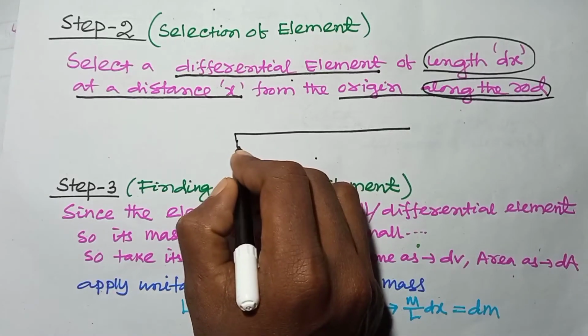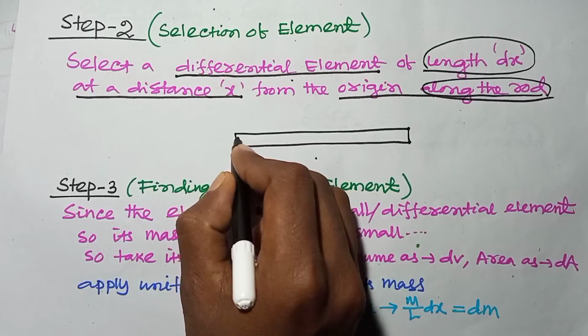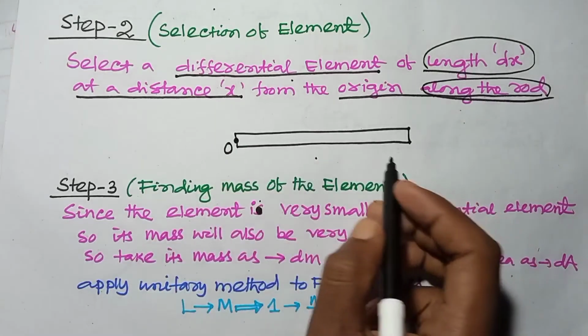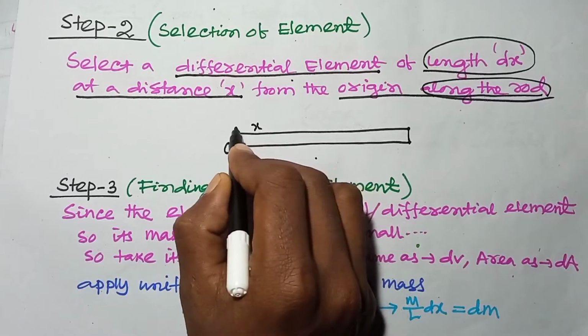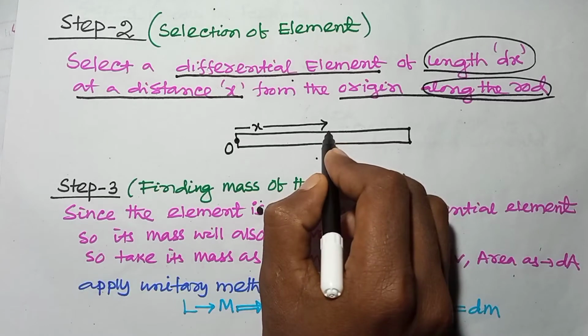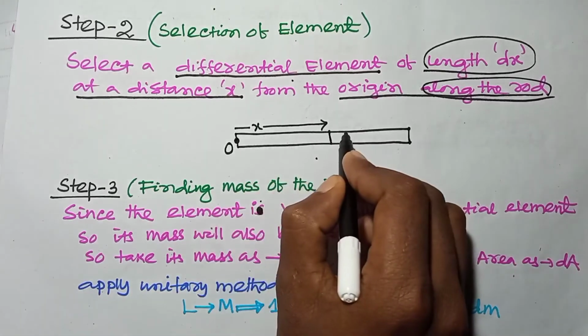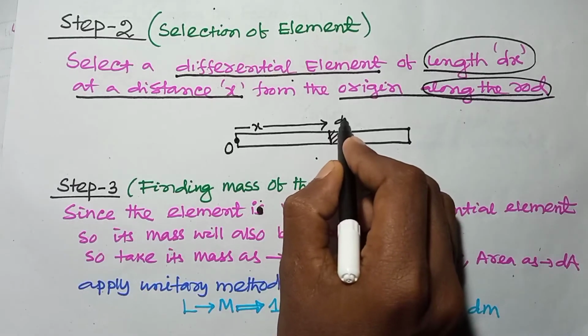So let's say this is my rod, and previously I have already chosen my origin to be here. From the origin I have to go through a distance of x along the rod, and at a distance x from the origin I have to choose a differential element of length dx.